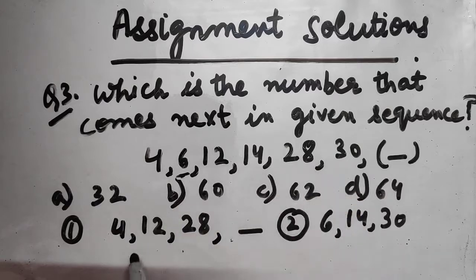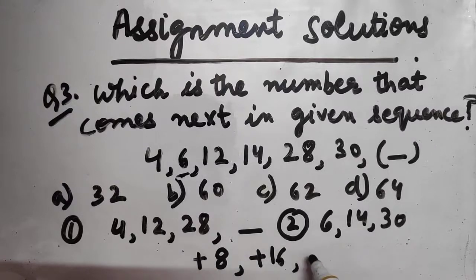Now the order which is being followed is: first of all, they are adding 8. 4 plus 8, 12. 12 plus 16, 28. Now according to this rule, 32 is to be added. Now if I check this series, 6 plus 8, 14. 14 plus 16, 30.